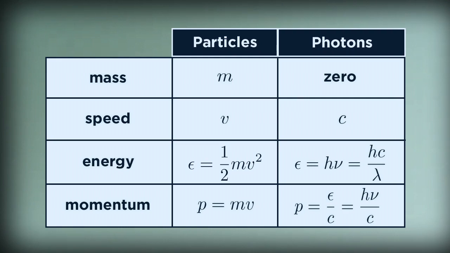That's it for the individual properties of particles and photons. Next, let's talk about their collective properties, the entire gas of particles, and the photons that they produce and absorb. That means we need to do some thermodynamics.